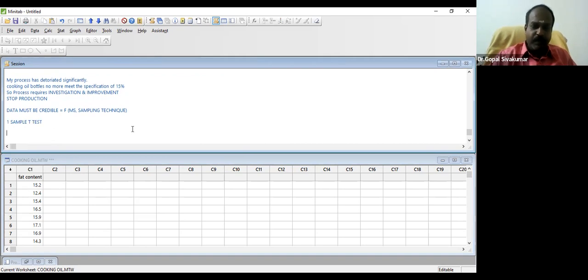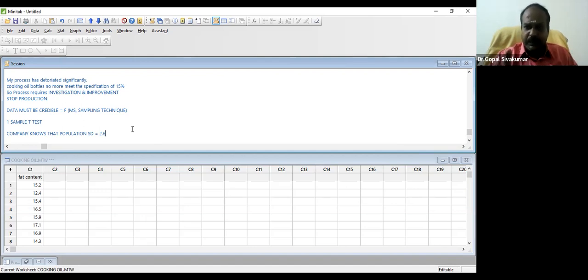Now, the company producing the cooking oil knows that the population standard deviation is equal to 2.6. Population standard deviation equal to 2.6. What is population standard deviation?